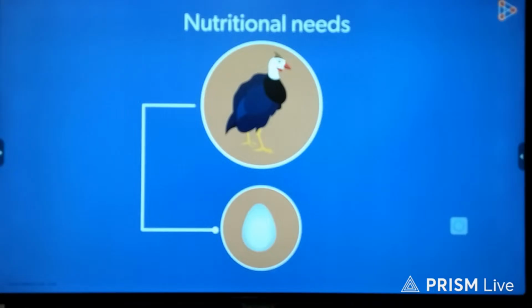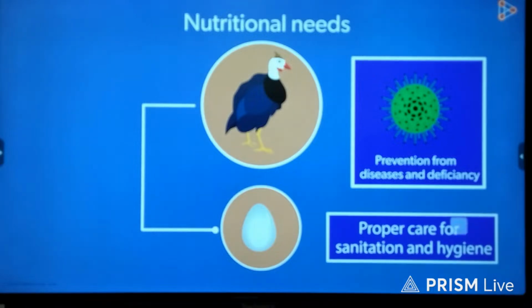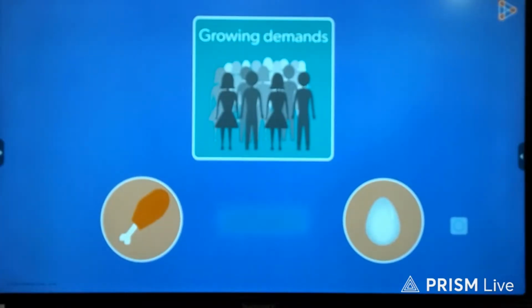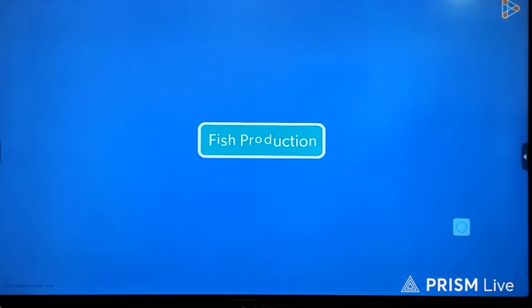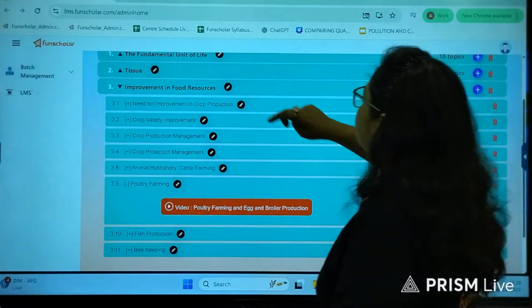Both these, however, must be kept far from diseases and deficiencies. Proper care must be taken with regard to their sanitation and hygiene. Fowls also need to be vaccinated against various diseases. Poultry farming can be beneficial if all the basic needs of these birds are taken care of. Looking at the growing demand for meat and eggs, technology seems to be the only way to cope up. In our next video, we will look at the idea of fish production. Yes, you heard me right. Fish production is all.